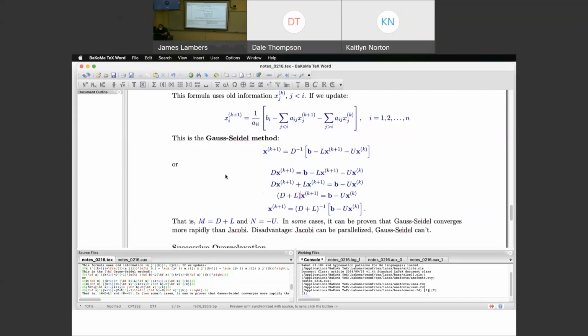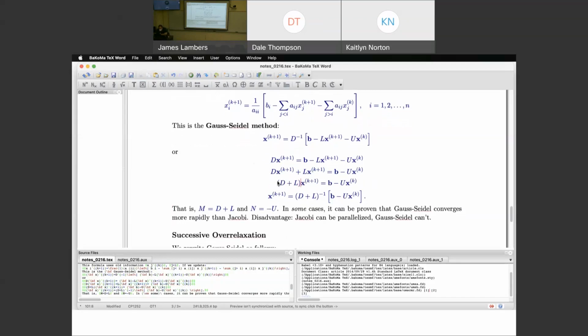Then I multiply both sides on the left by D plus L inverse, and now I have this iteration. So this is your M. So M is D plus L, and then N is the rest of A, which in this case is just minus U. So that's the Gauss-Seidel method in matrix form.